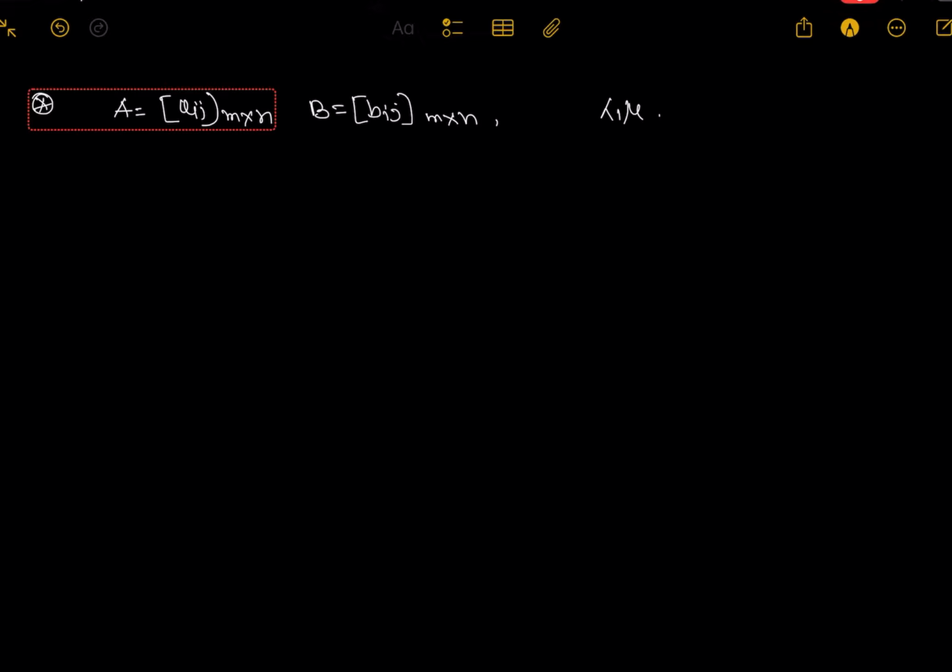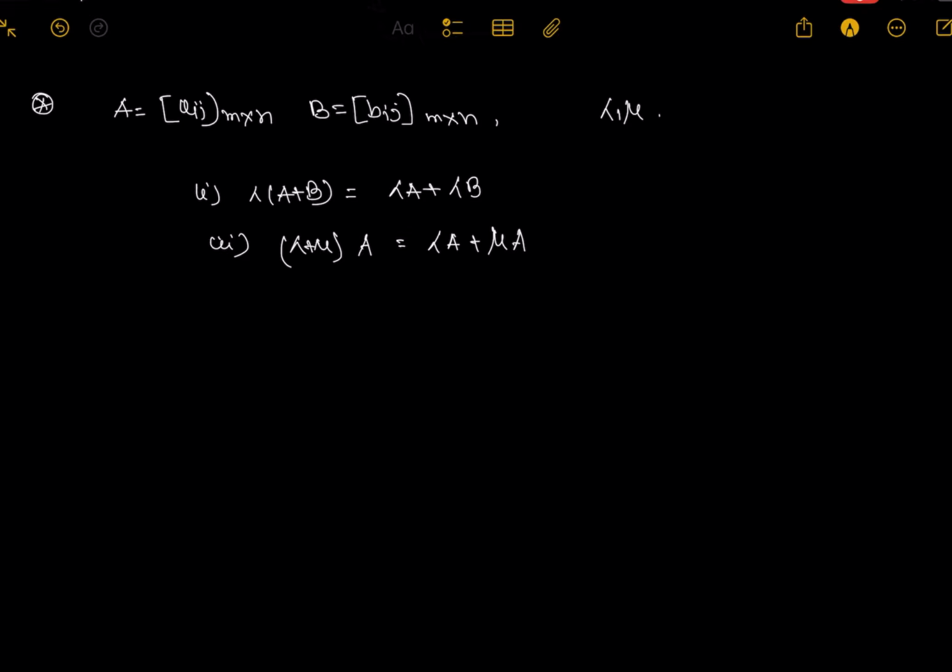If A is a matrix, A of ij with m cross n, and B is a matrix, B of ij, m cross n, two matrices, with lambda and mu being scalars. Then property number 1: lambda times A plus B equals lambda A plus lambda B. Then property 2: lambda plus mu times A equals lambda A plus mu A.